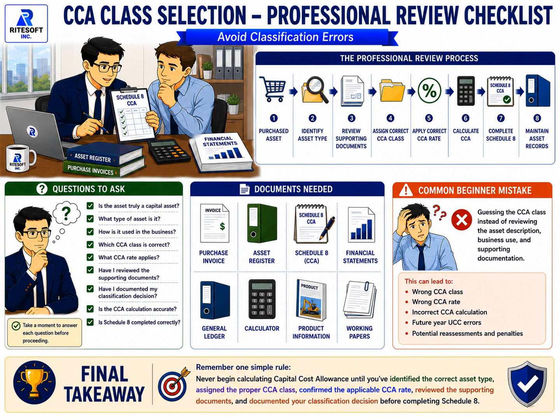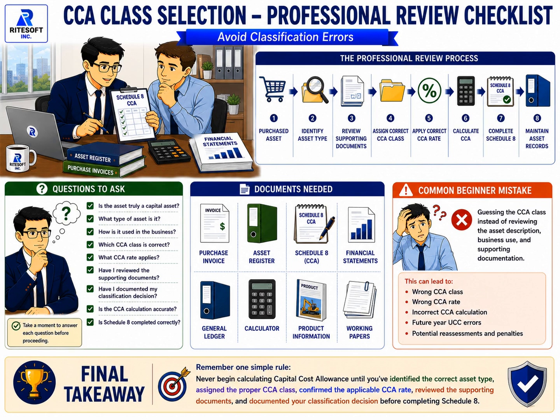Once the correct class has been identified, apply the prescribed CCA rate for that class and calculate the allowable capital cost allowance. The completed calculation is then entered on Schedule A, and the corporation's asset records are updated to reflect the current year's activity. Throughout this review, experienced tax preparers ask themselves several important questions.